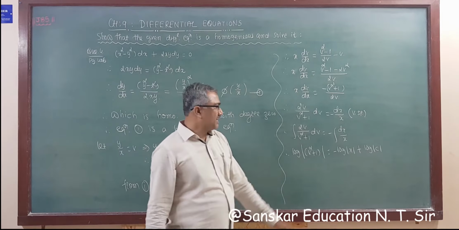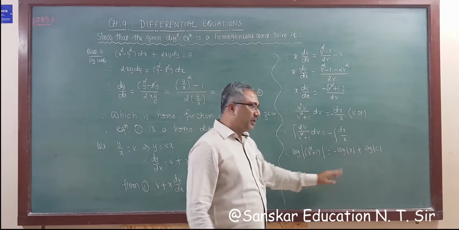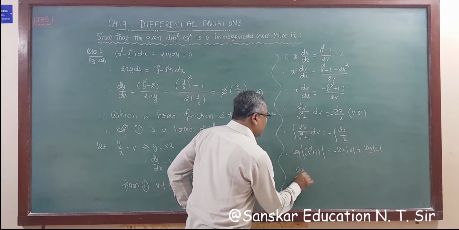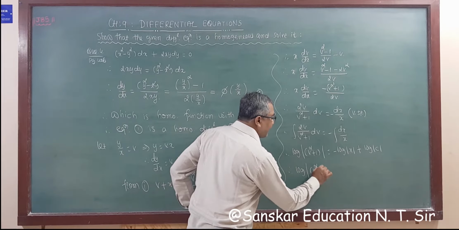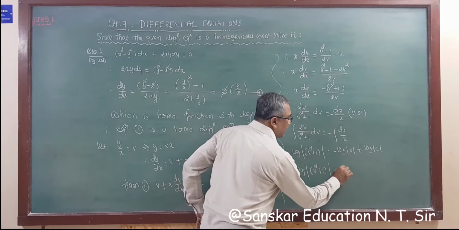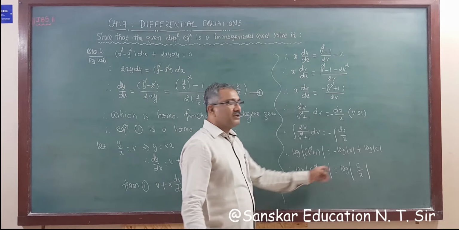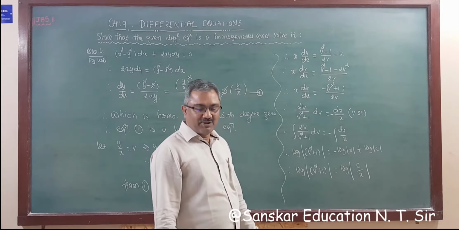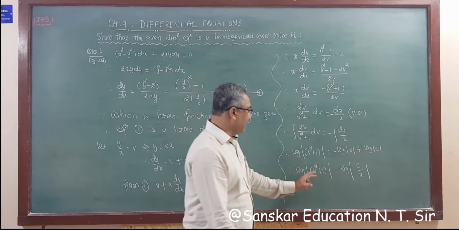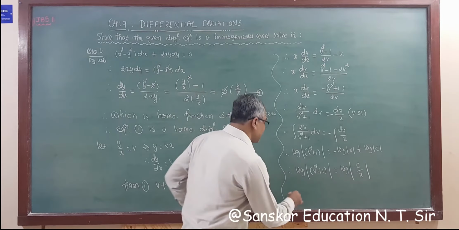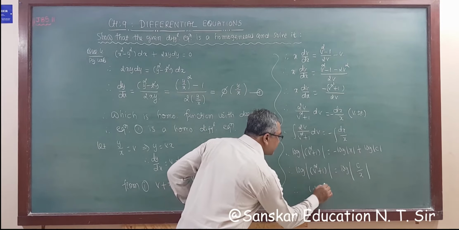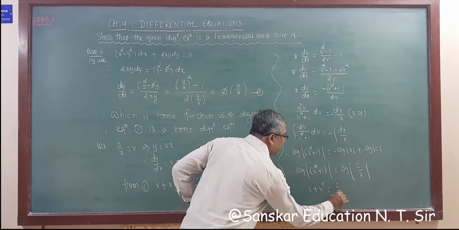Got it? Log a minus log b is log a upon b. So we get log mod v square plus 1 is equal to log mod c by x. Both have a log, so removing that, we get 1 plus v square is equal to c by x.